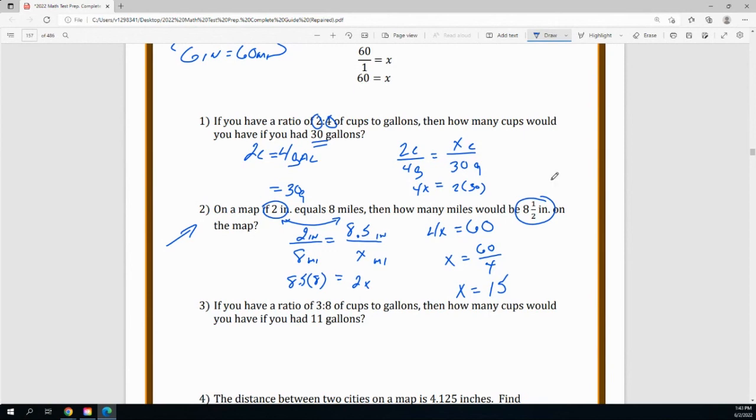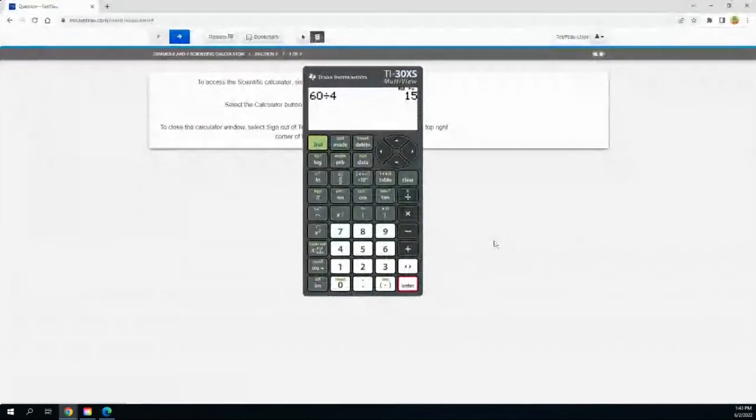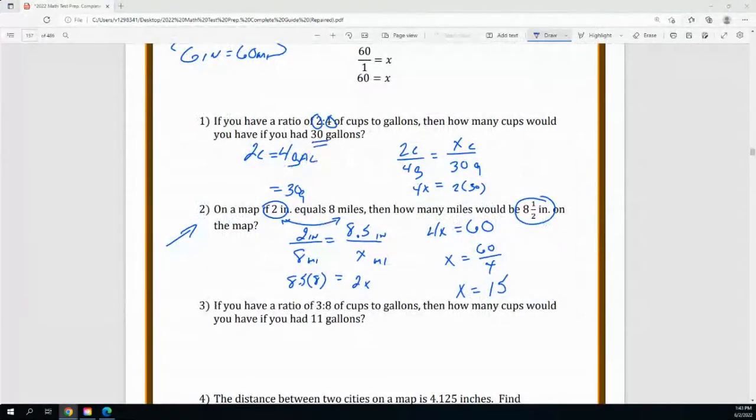Let's put in our calculator 8.5 times 8. We get 68.